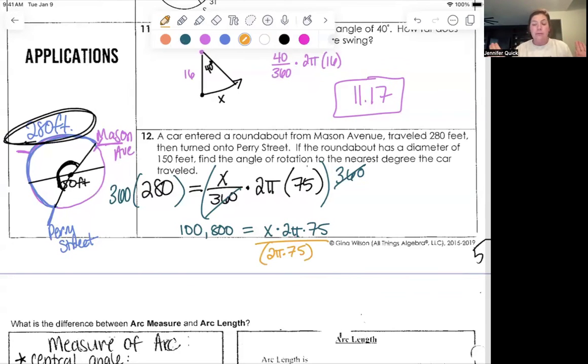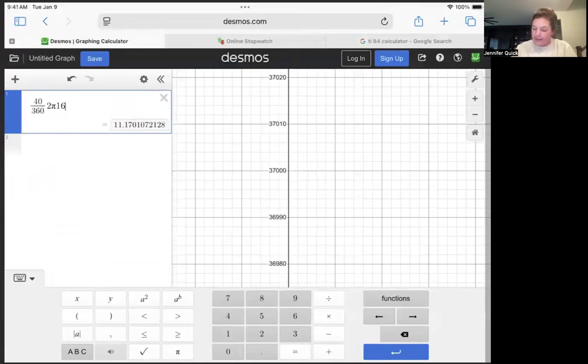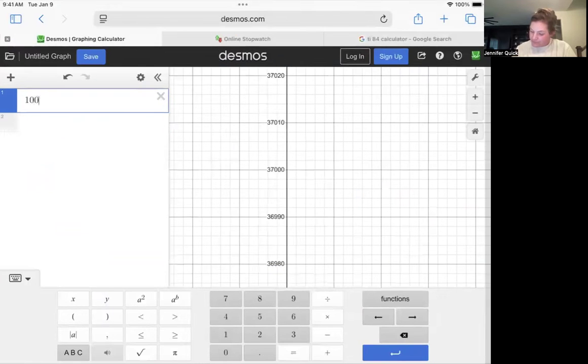It's all multiplied, so it's not like I'm adding or subtracting. I can divide the whole thing by 2 pi 75. You just have to put it in parentheses in order for the calculator to process that. So here we go. Divided by 2 pi times 75.